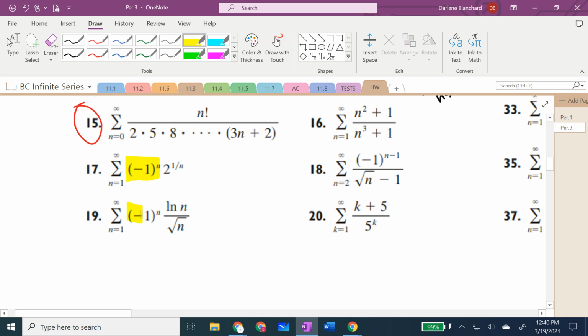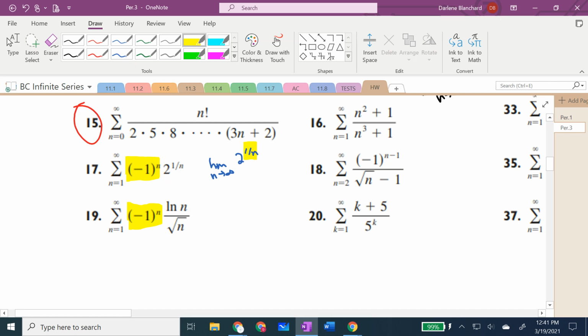17 has -1 to the n. So does 19. So when you're choosing a direction, before you go with alternating series tests, take a moment to ask, just in your head, what is the limit as n approaches infinity? That's a really lousy limit, but n approaching infinity of the formula itself. We just looked at the idea of this.